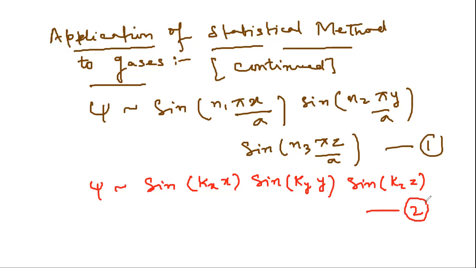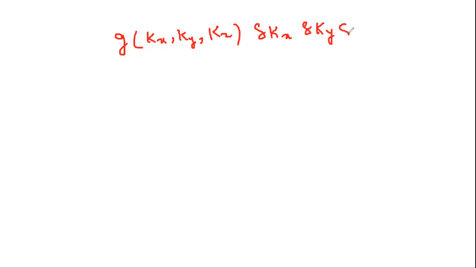Then we talked about the density of states function g. We wrote this equation. G of kx, ky, kz times delta kx, delta ky, delta kz.